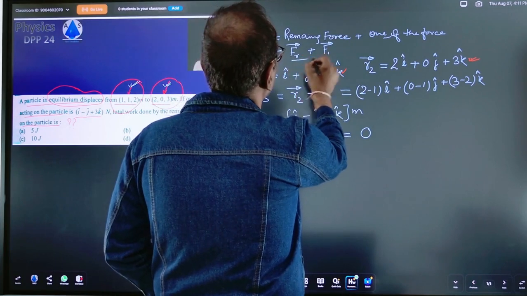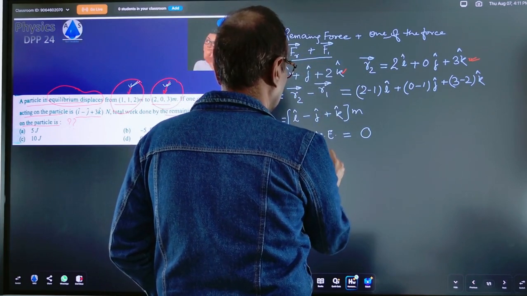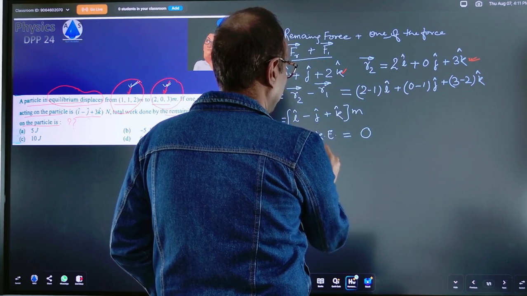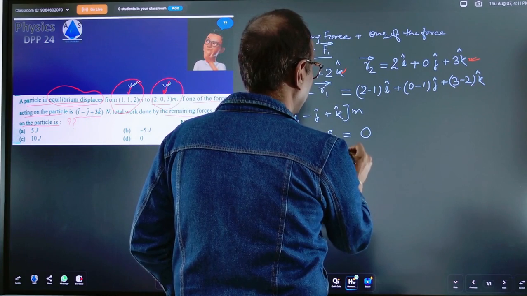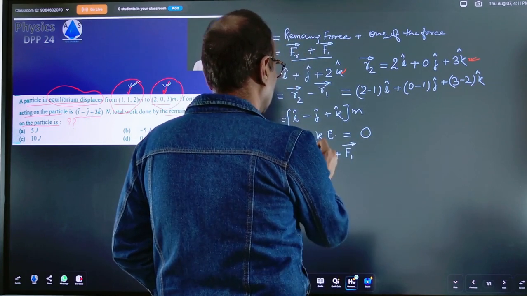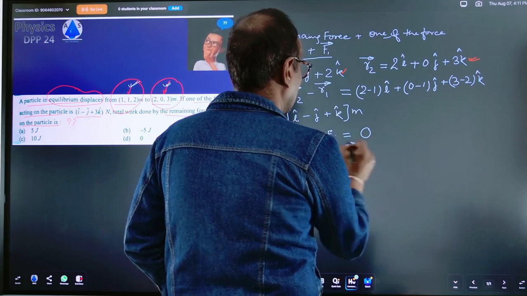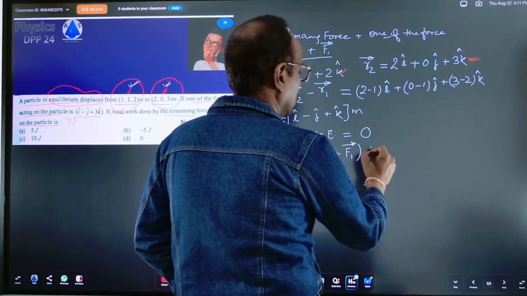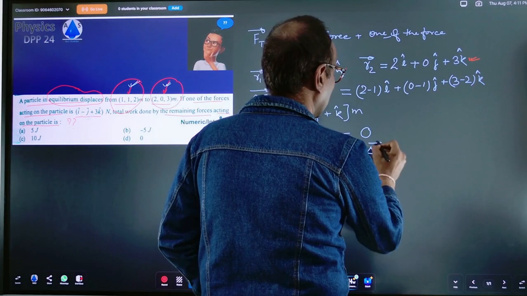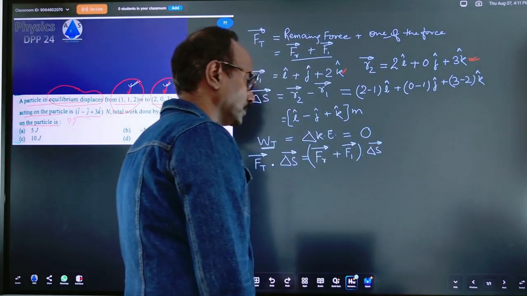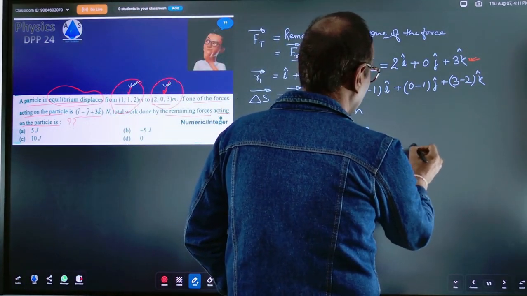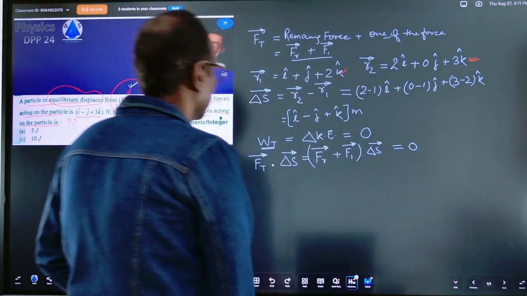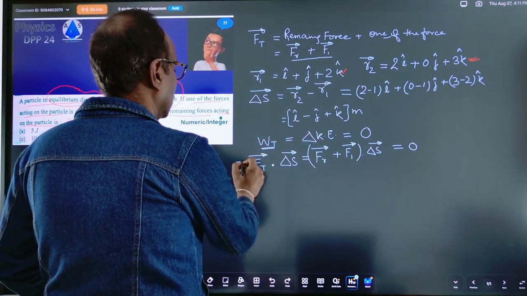F total is F remaining plus one of the force, dot delta S. And this is your zero from work energy theorem.